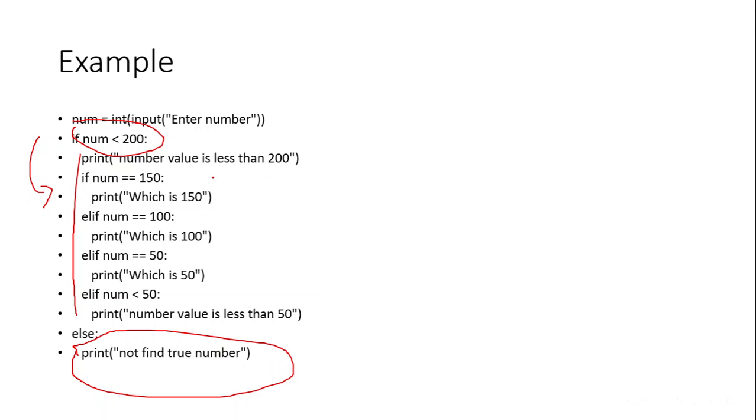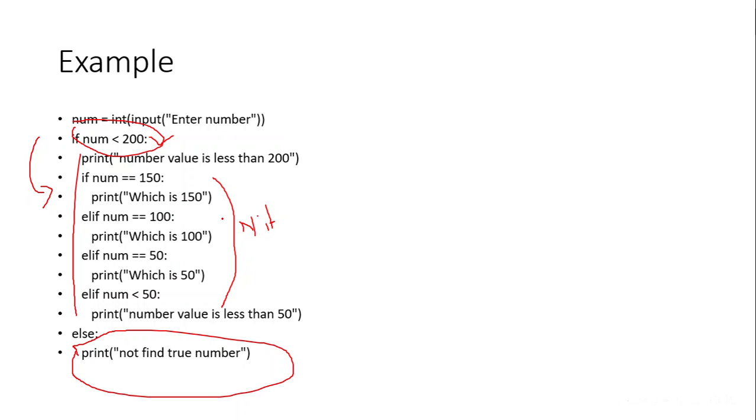And then again we have this if else statement, which we can say is a nested if else. And this particular else block is executed when the condition is false. Inside the nested if, meaning inside this if statement, we have another if statement: if number is equal to 150, then we print that the number is 150.